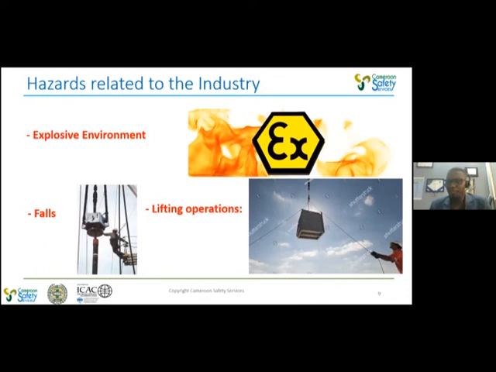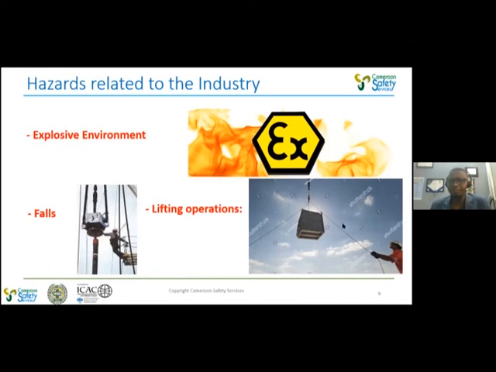There need to be proper inspections, making sure that the slings used to lift the containers or the tools are appropriate and have good color coding. All this helps to prevent incidents that can be linked to lifting operations.